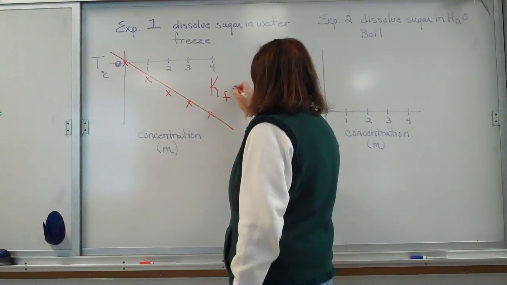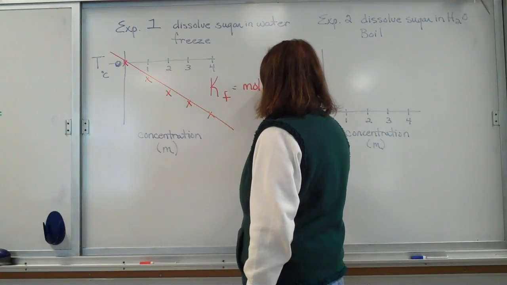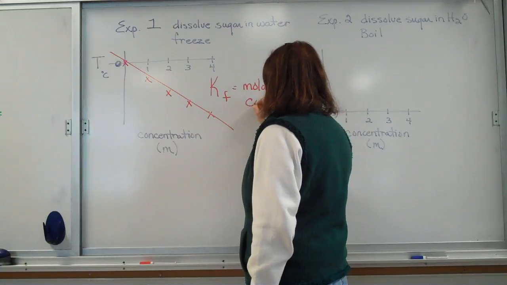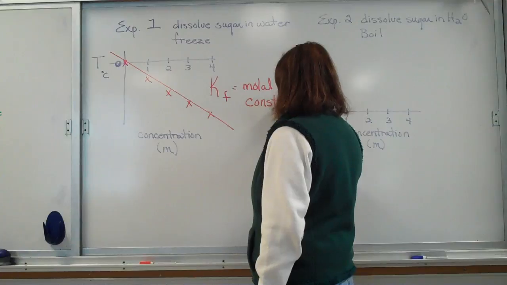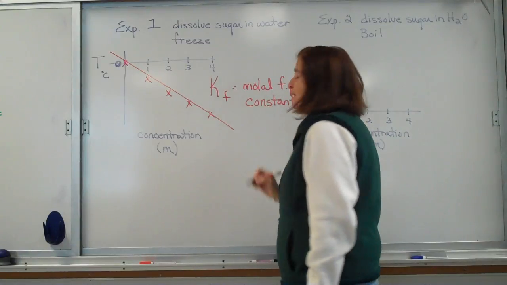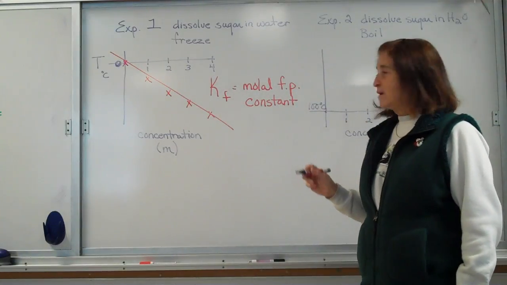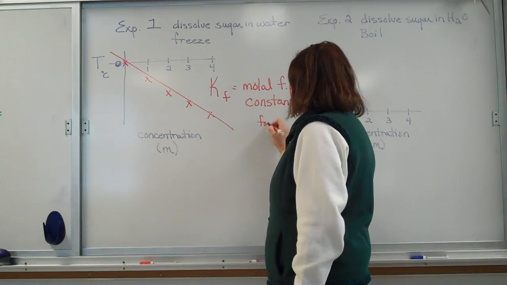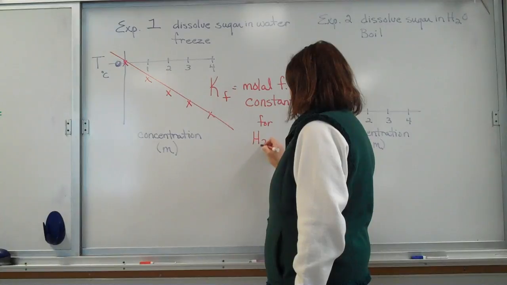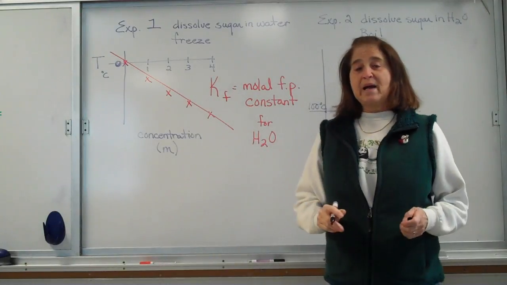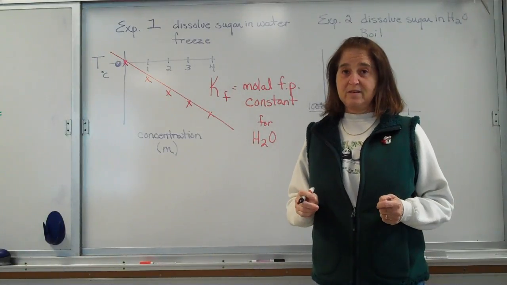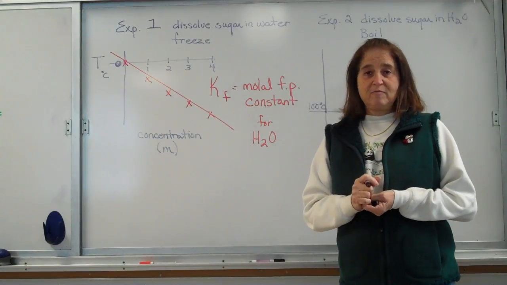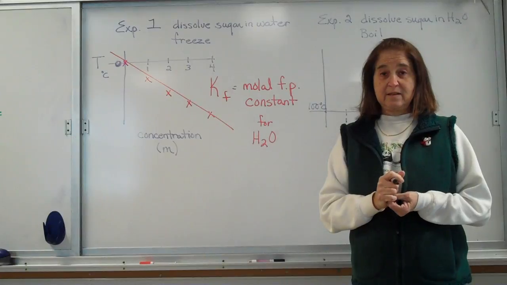Kf is equal to the molal freezing point constant. This is going to be a constant value, in this case, for water. But every solvent will have its own particular Kf, molal freezing point constant.